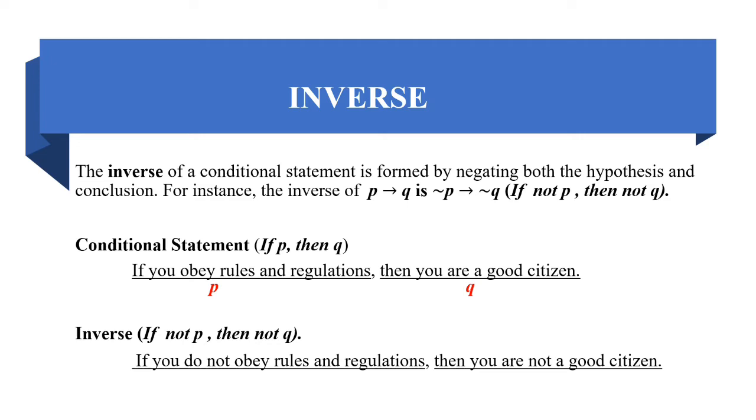So: if you do not obey rules and regulations, then you are not a good citizen. We have to negate the hypothesis first. So the not P here is "if you do not obey rules and regulations," and the not Q here is "then you are not a good citizen."